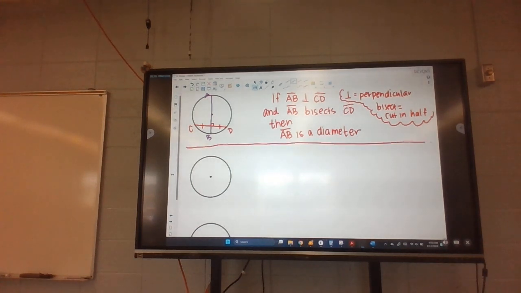Now this next one's going to seem almost like the same rule. It's just a slight difference. So I'm basically going to draw the same thing again.